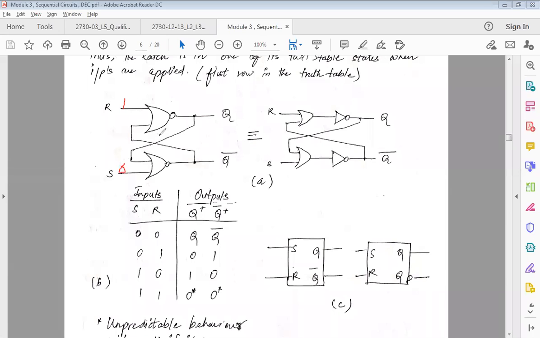Now that I have sure information that I get a 1 here, what is going to be my output? My input is 1 here. Irrespective of whatever comes here, what is my output? 0, because 1 plus 1 is 1, and inverted I get a 0.